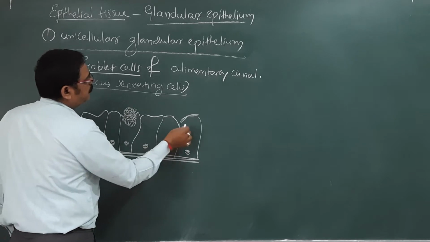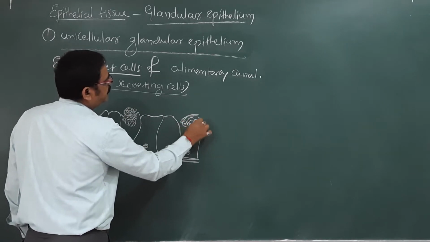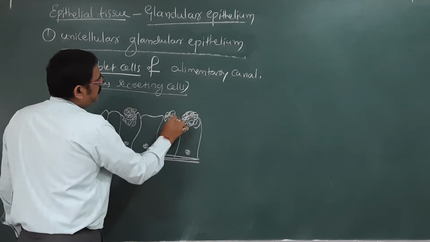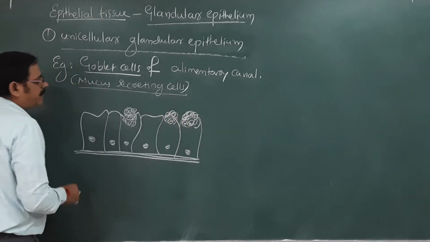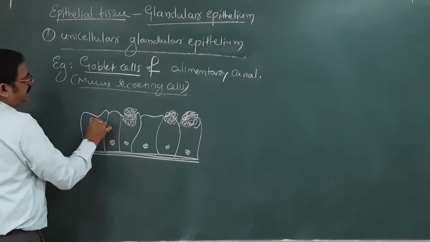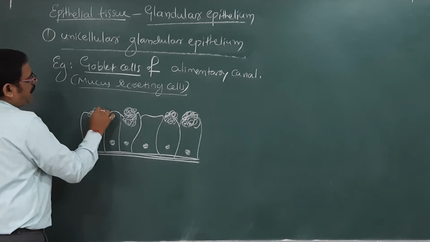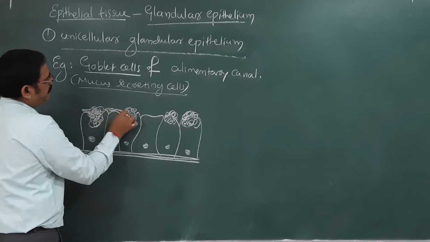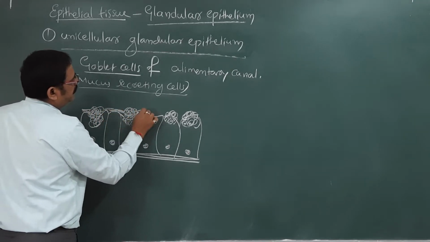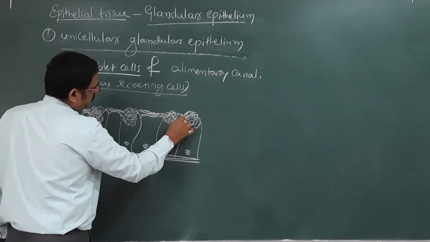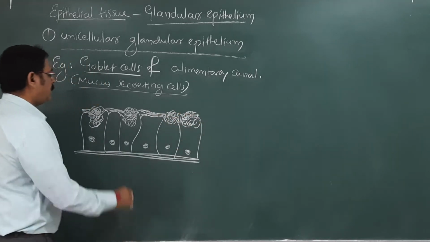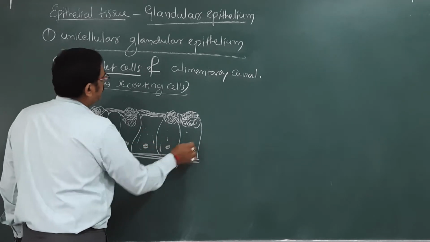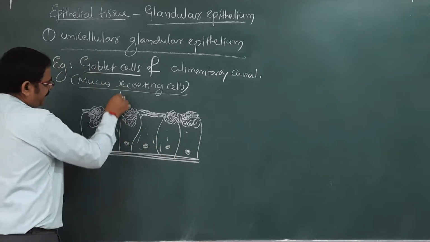Mucus is the most important protective secretion. If mucus is not there, the hydrochloric acid of our stomach will burn our intestine. To avoid that, they produce mucus, which keeps making a protective coating all over the digestive system.